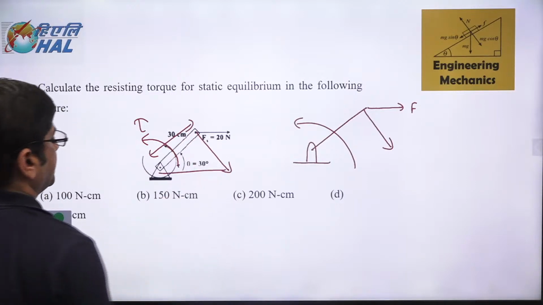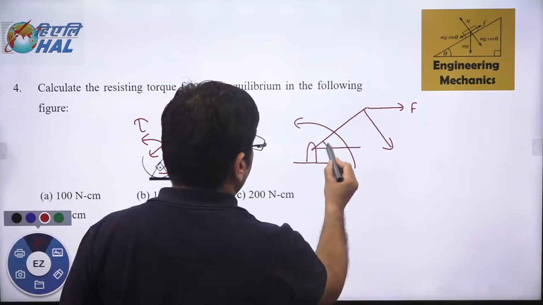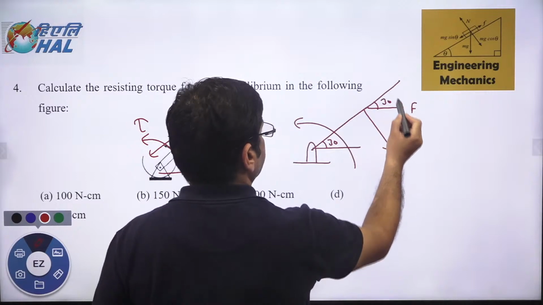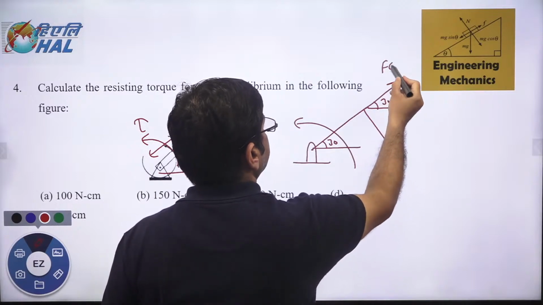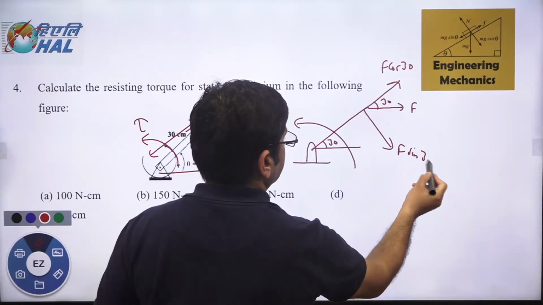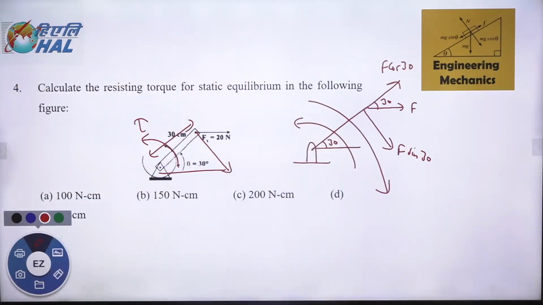Now this angle is 30 degrees. So if this angle is 30, can you tell me what this angle is? This is also 30. That means this is F cos theta. This is F cos 30. This is F sin 30. So what is the torque associated with this particular force?